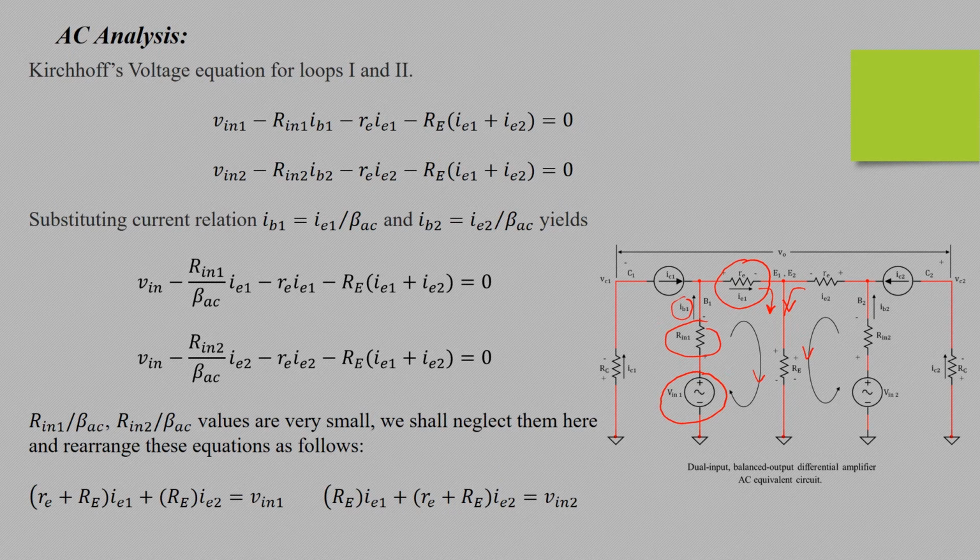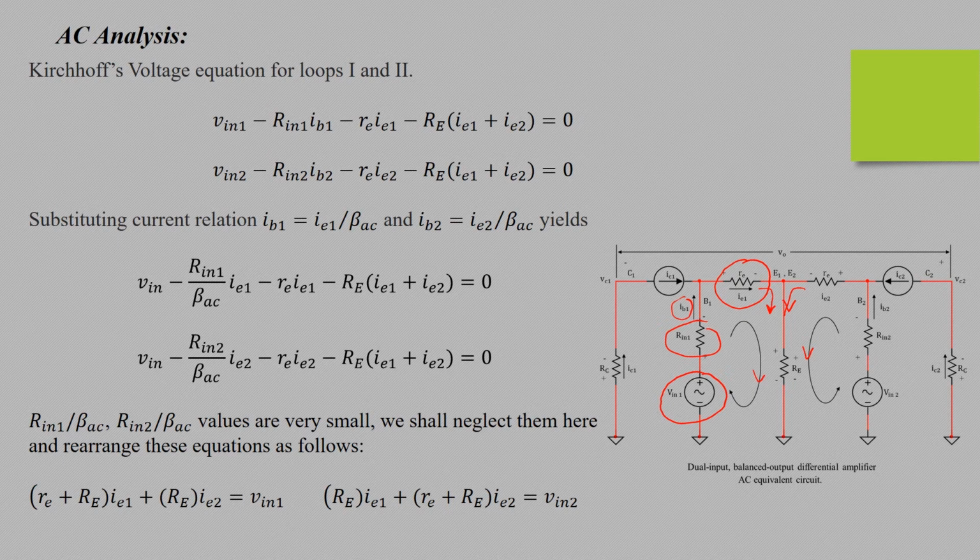Similarly, for the second loop, Vin2 minus Rin2 into IB2 minus re2 into IE2 minus capital RE into (IE1 plus IE2) is equal to 0.